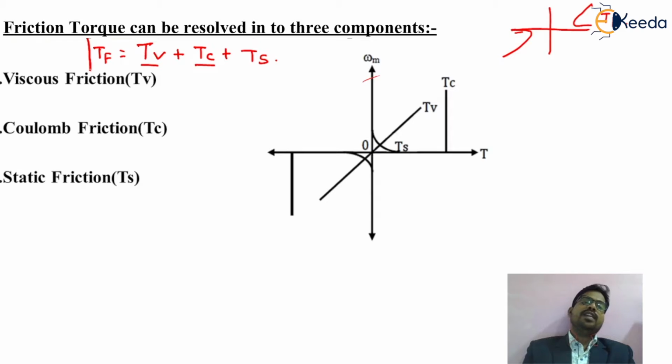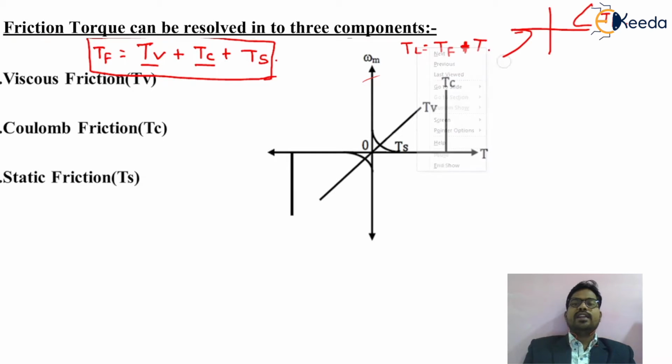This will be a very important concept, because as we know, in load torque there will be three components. The first is called friction torque. The second is the mechanical load torque.